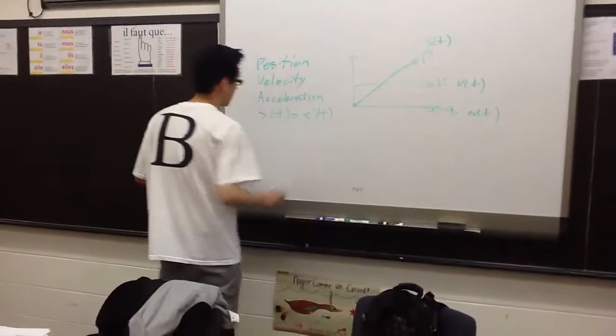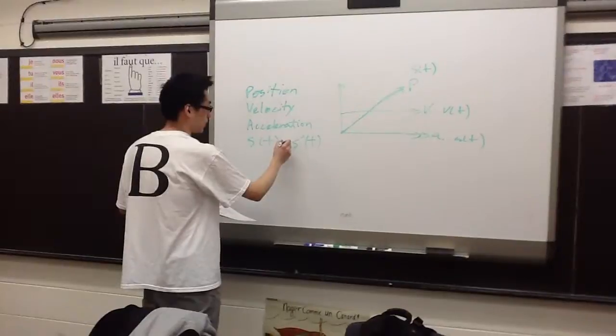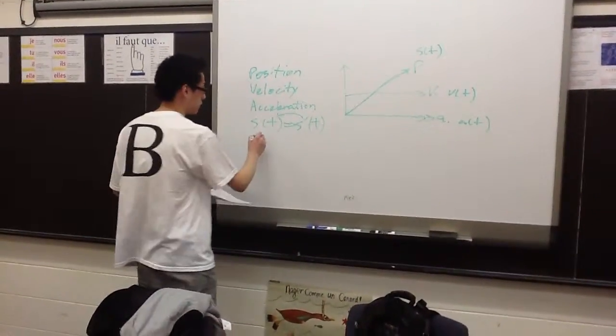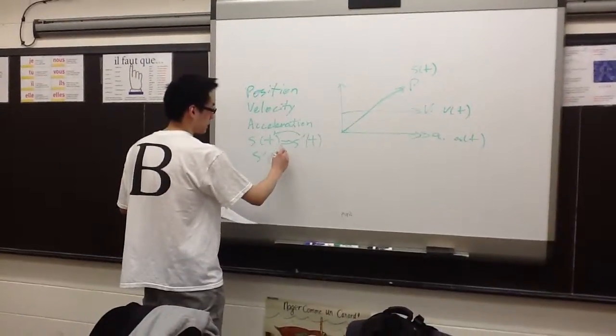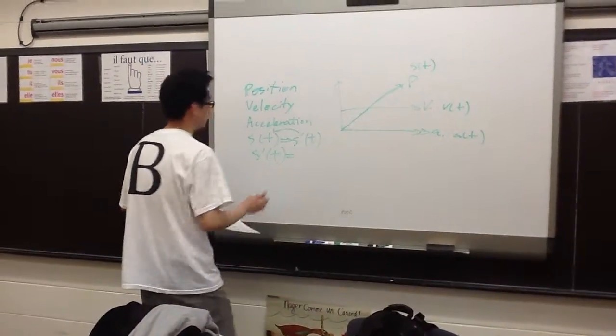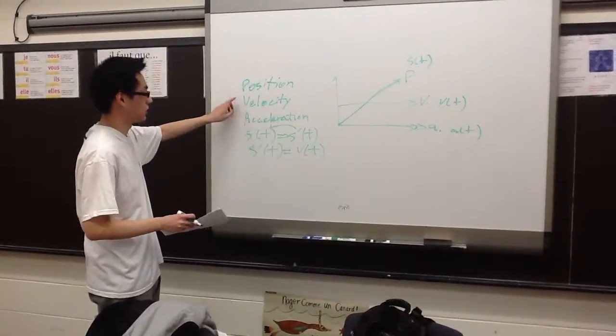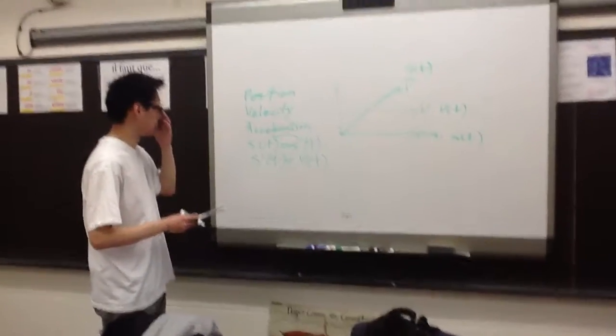This is the derivative of the position. So s derivative t is equal to velocity t. So the velocity is the derivative of the position.